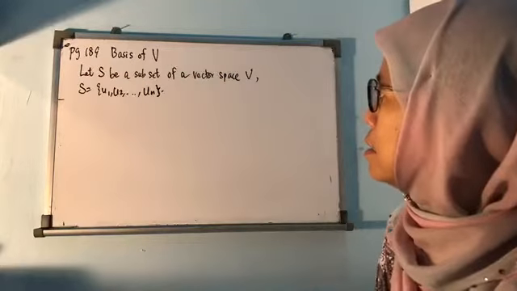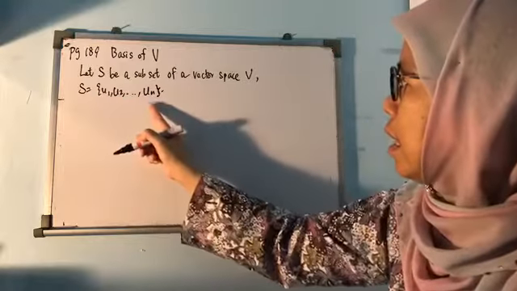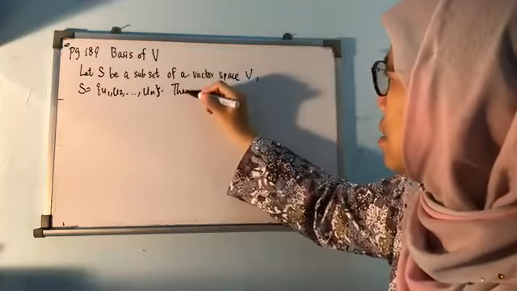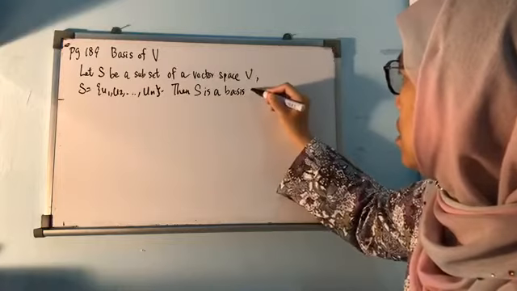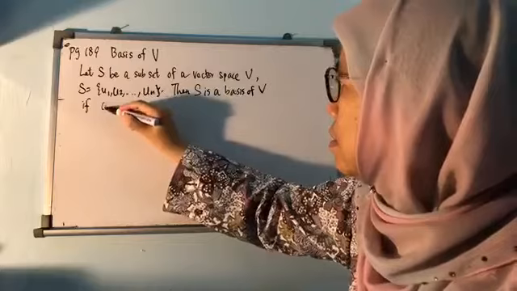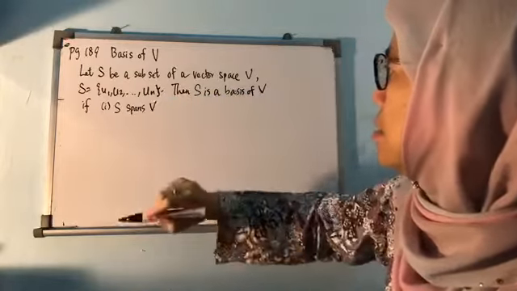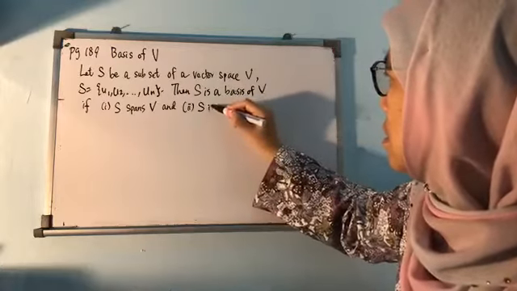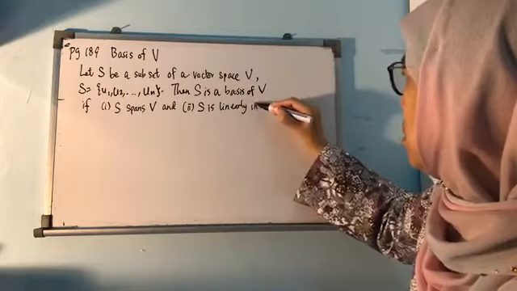Let S be a subset of a vector space V with n vectors, finite. Then S is a basis of V if S spans V and S is linearly independent.